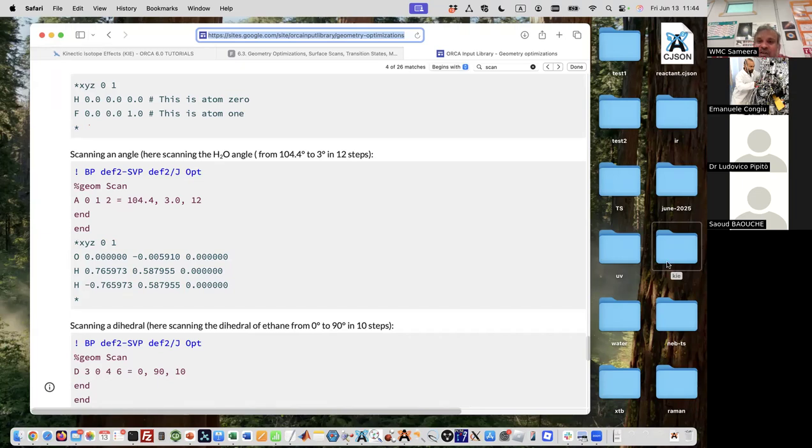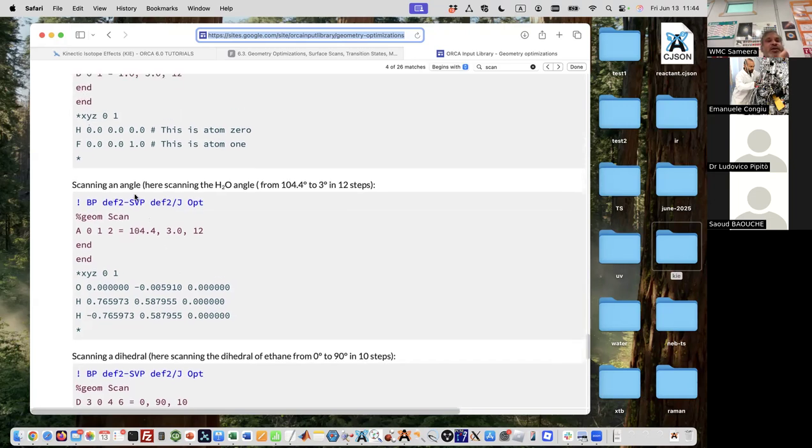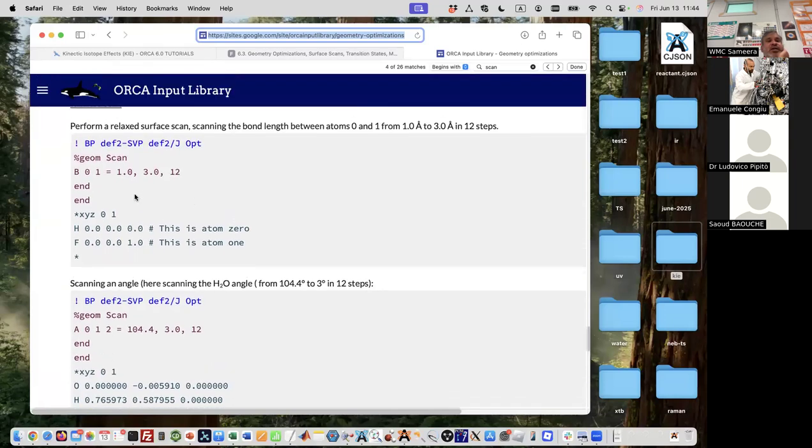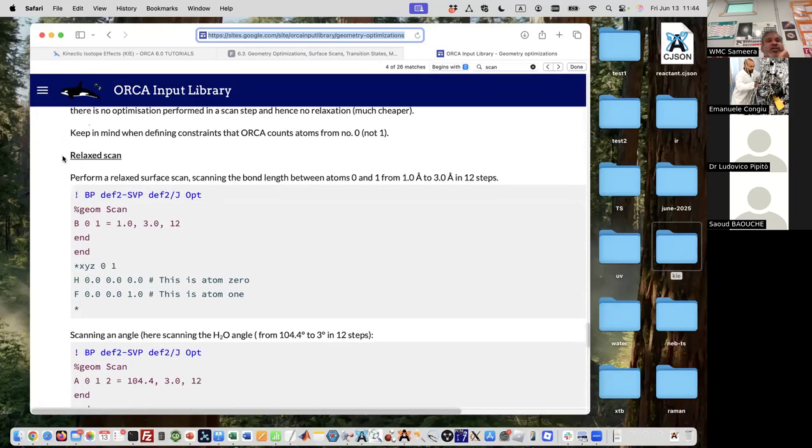Why did you use the OPT keyword for the scan? Because we are going to run the calculation. Okay, so the scan can be of two types. It can be a relaxed scan. This is a relaxed scan. It means you change the bond distance and optimize the structure at each individual point.